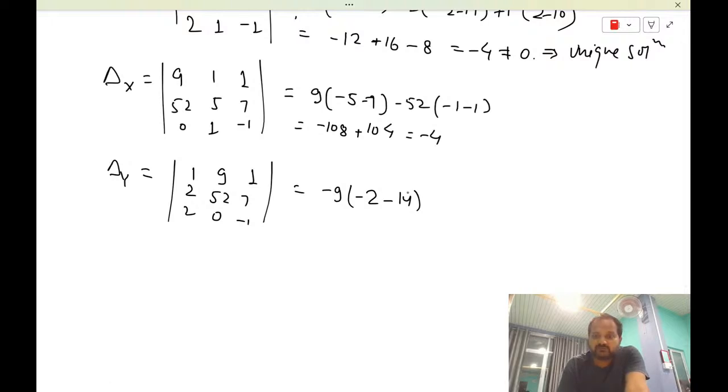The second column will be plus 52, so it will be minus 1, minus 2 and 0.